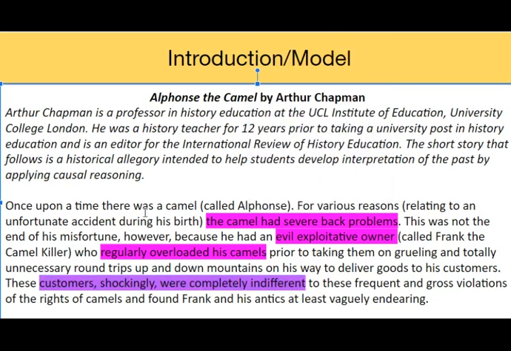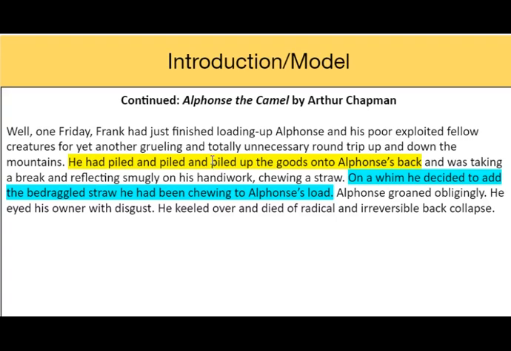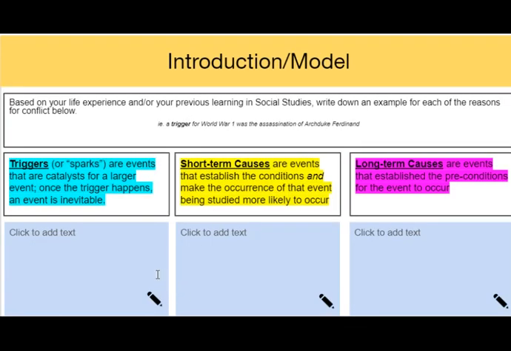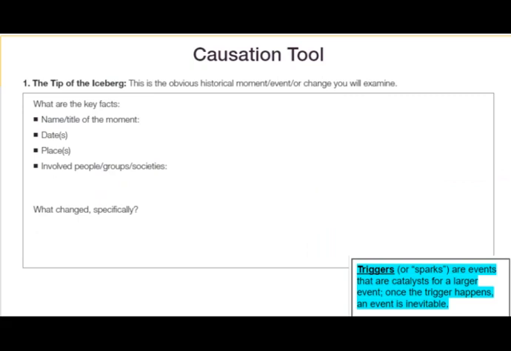So you can go back, you hot pink text, yellow text, and blue text, back into your organizer. You have the triggers, short-term cause, long-term cause. So if someone were to give you a complex text, you would do the same thing. But the trigger, let's just start to get our head around this, is the spark, what actually caused it.